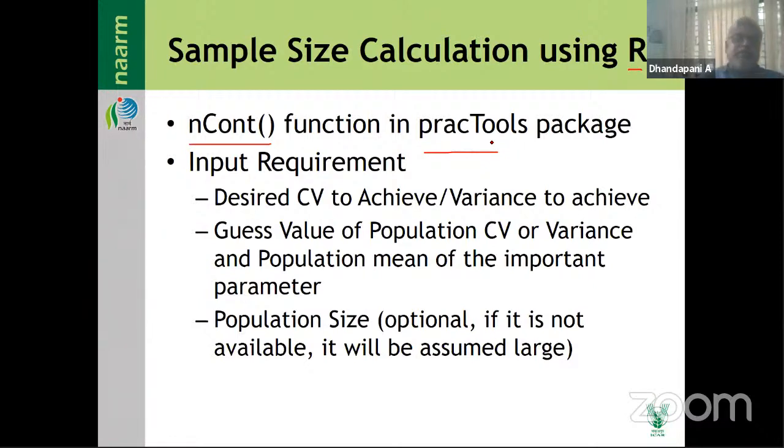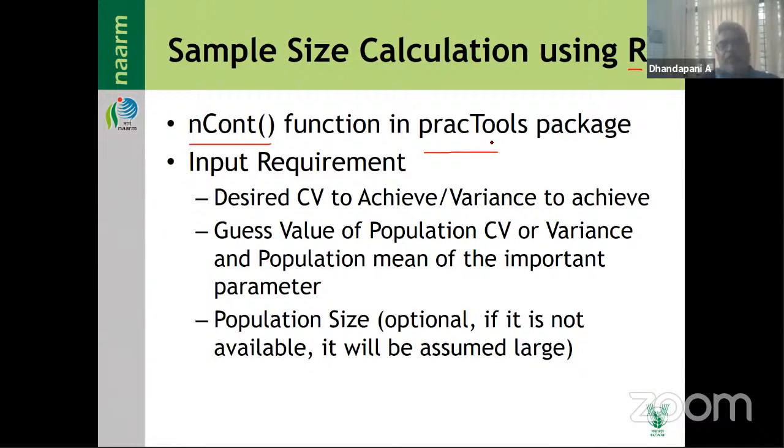You can say 10%, or that the CV of my estimated value should be less than 5% or 8%, or whatever it is. That is better because it is independent of what kind of parameter you are estimating. If you fix it in terms of variance, then you have to think in terms of the corresponding unit. So CV is easier to use.